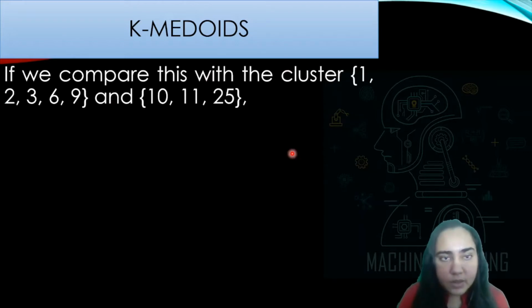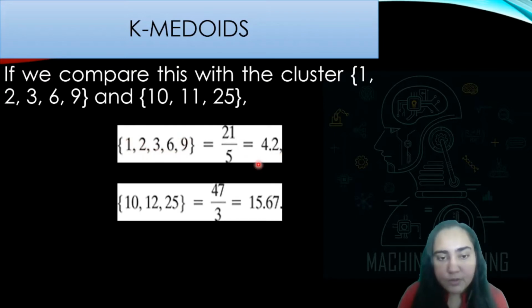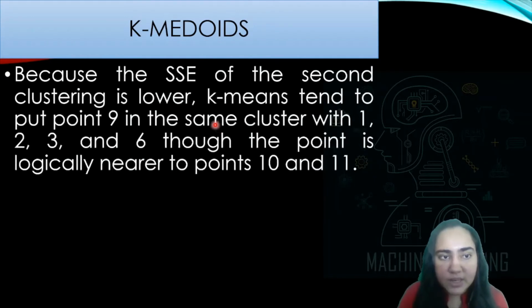If you compare this with another cluster, so let's create another cluster. This time the cluster is 1, 2, 3, 6, 9, and 10, 11, 25. With this cluster, for the first cluster, the mean is 4.2. For the second cluster, the mean is 15.67. And now if we calculate the SSE, it is going to be lower.